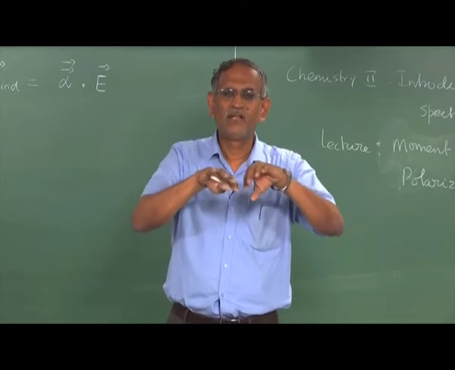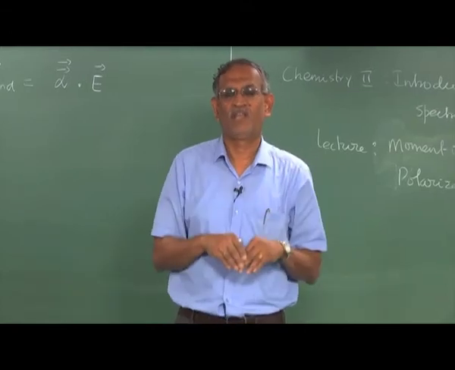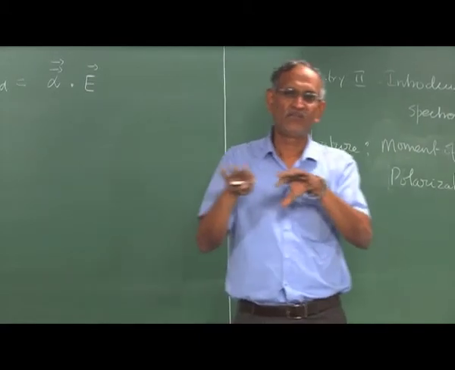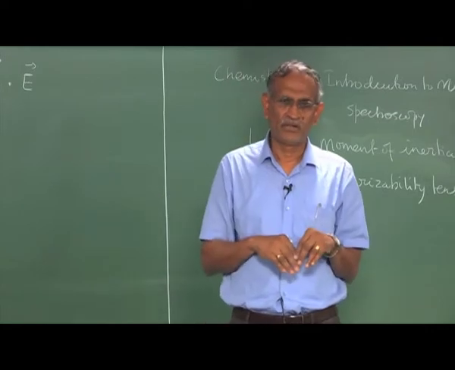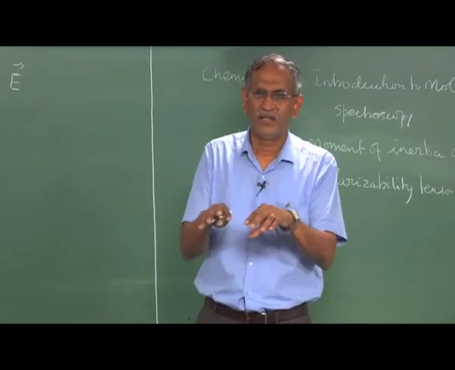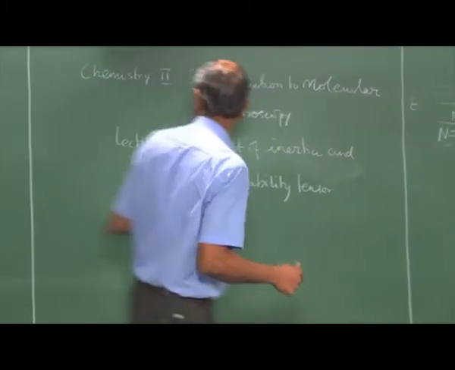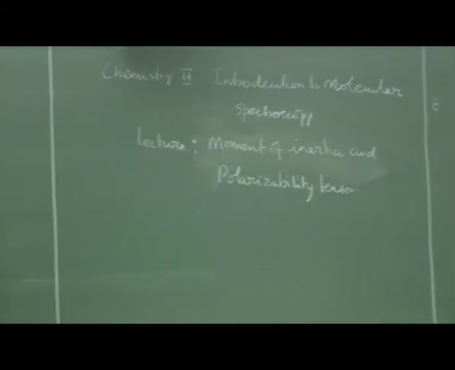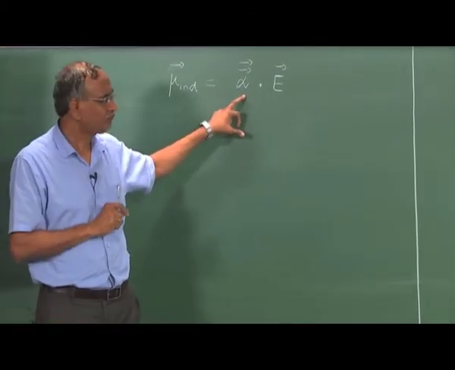To what extent the molecule is able to polarize itself, to adjust itself to the external field and undergo simple changes in its geometry, that number is given by this quantity in a certain form.